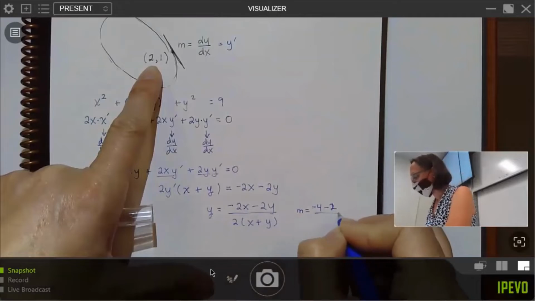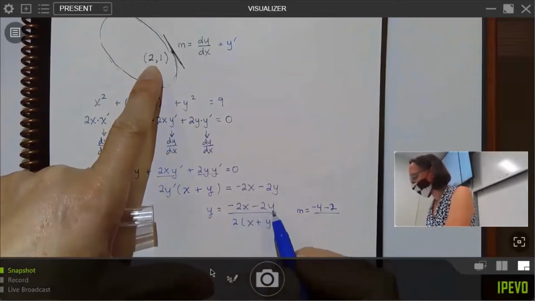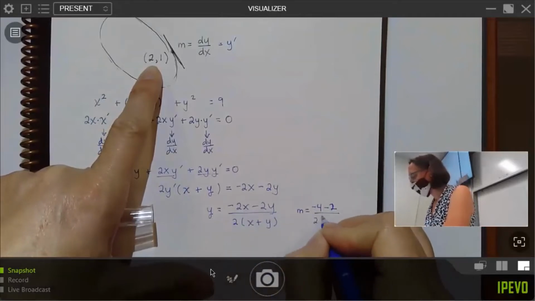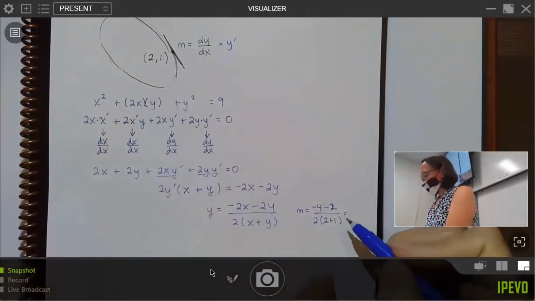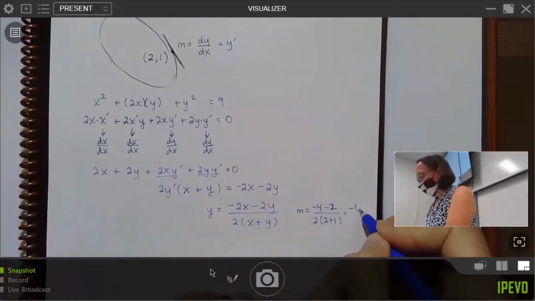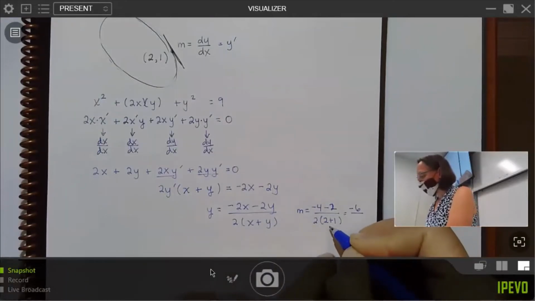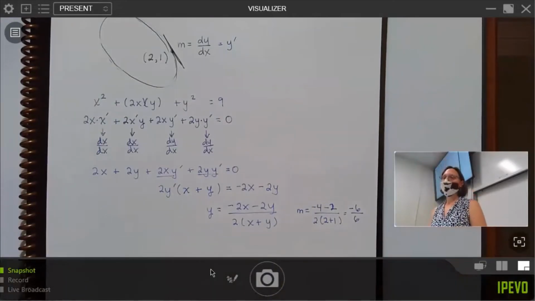On the top, I've got a negative 4 minus a 2, and on the bottom, I've got 2 times (2 plus 1). That's negative 6 over 6. Cool. Slope is negative 1. I didn't even do too bad on the picture.